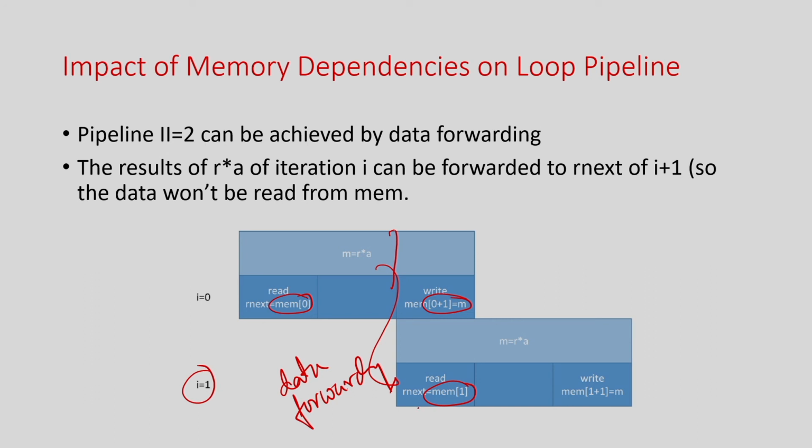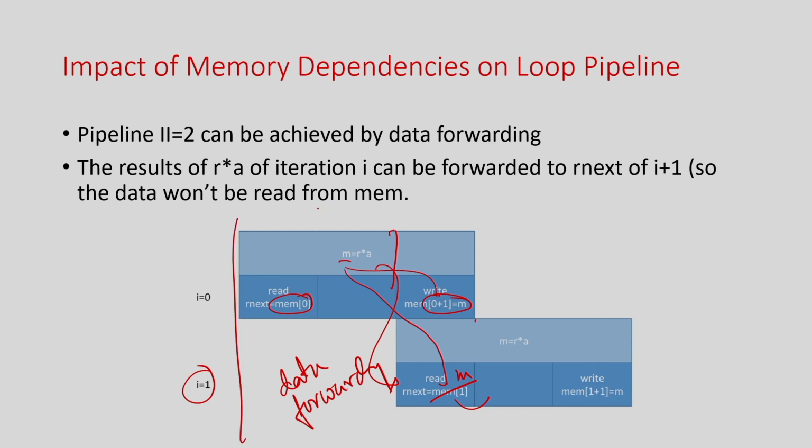Ideally, this has to be delayed by one more, and no pipelining is possible, so you have to do this from here only. This read should come here and this also moves by 1, but because data forwarding is possible, I can write M to memory location 1 and directly assign this to R next. I can directly write M to this location, instead of this I just write M here. This is what data forwarding is.